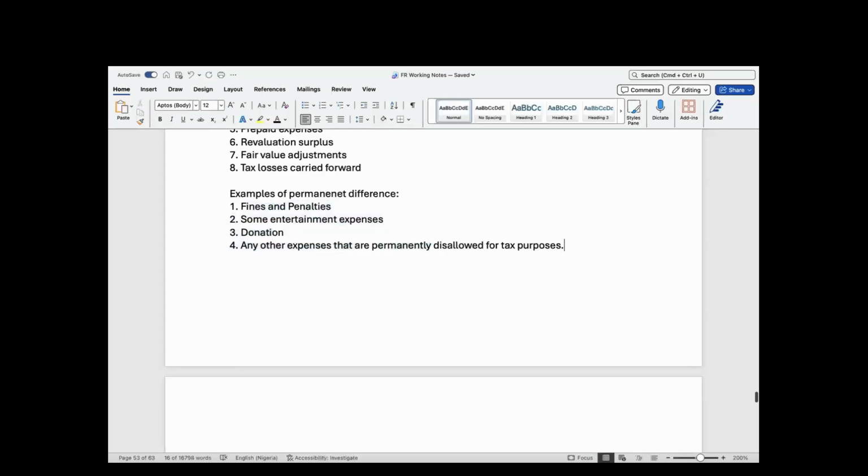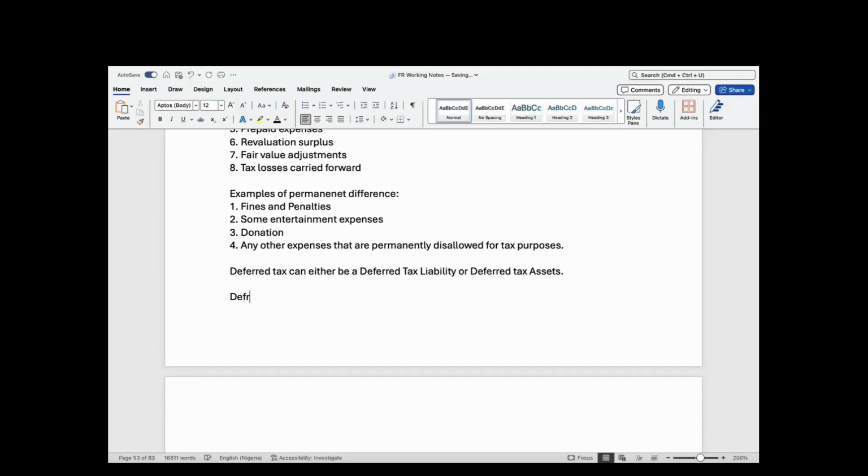Again, the same way you have current tax liabilities and current tax assets, deferred taxes can either be a deferred tax liability or a deferred tax asset.